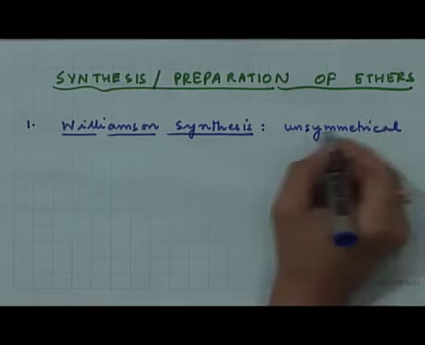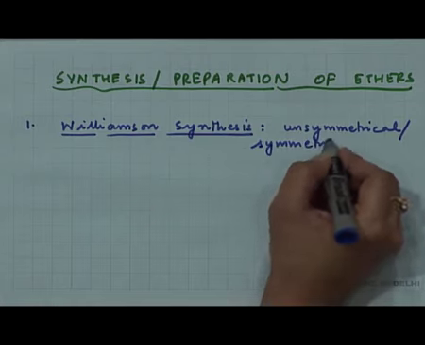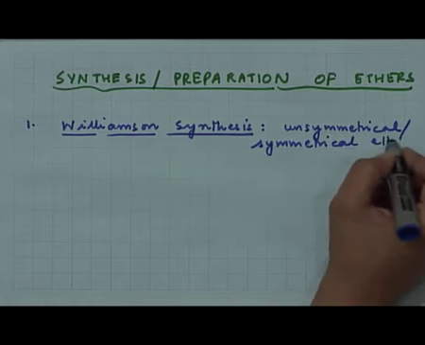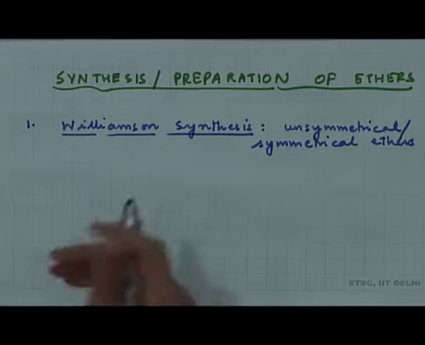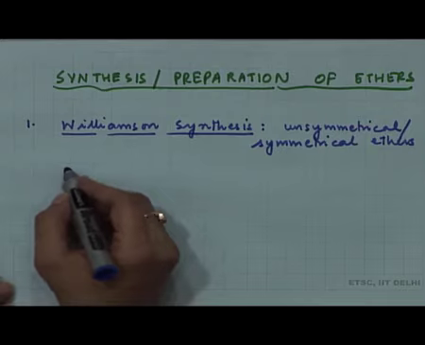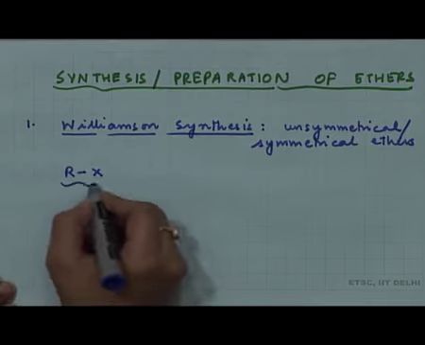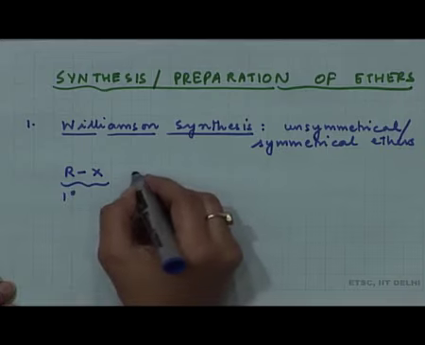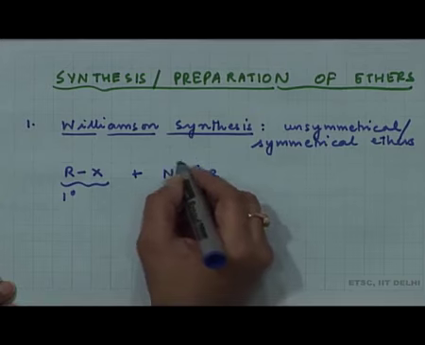So, you are talking about two different alkyl groups or two identical alkyl groups. This has the capacity to make both the unsymmetrical as well as symmetrical ethers with the help of a substitution reaction, which is the SN2 reaction in this case. What we do in Williamson synthesis is you take the alkyl halide, which is primarily a 1 degree alkyl halide, and treat it with sodium alkoxide.